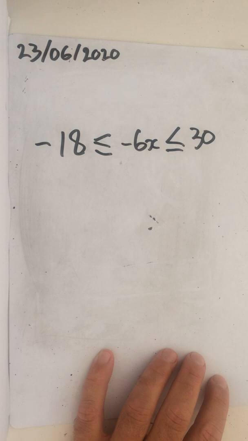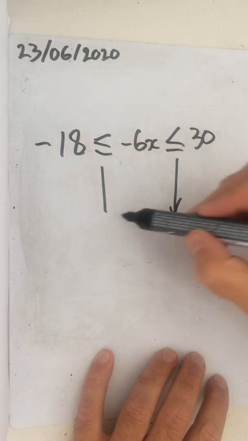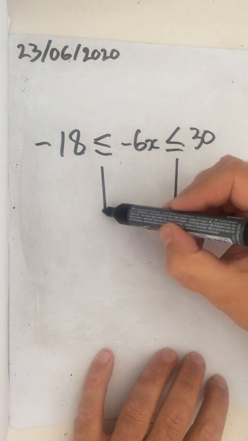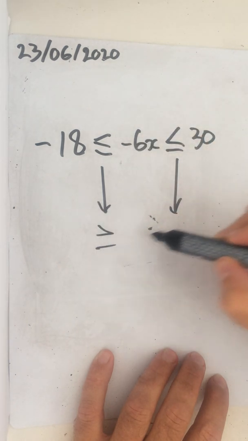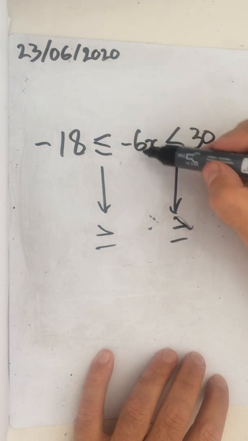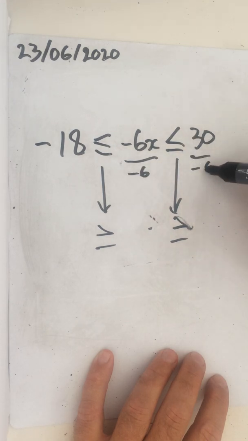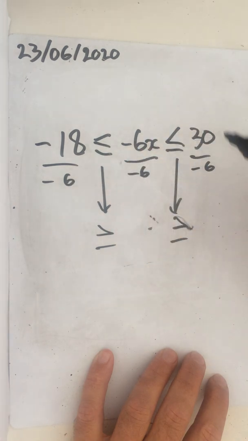Right, let's have a little look. So first of all, we know because this is a -6x, our signs are going to change direction. So I'm going to divide that by -6, divide by -6, divide by -6.